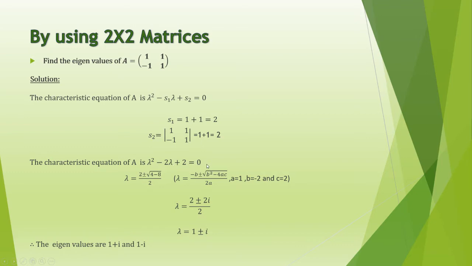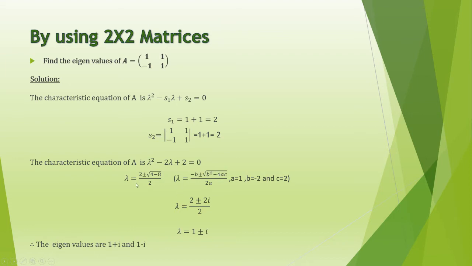So it can't be factorized. We are going to apply the quadratic formula: minus b plus or minus root of b square minus 4ac, all by 2a. Here a is 1, b is minus 2 and c is 2.